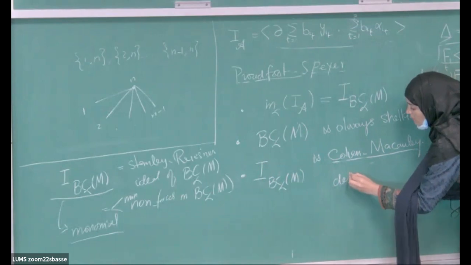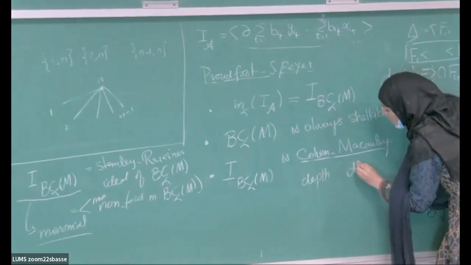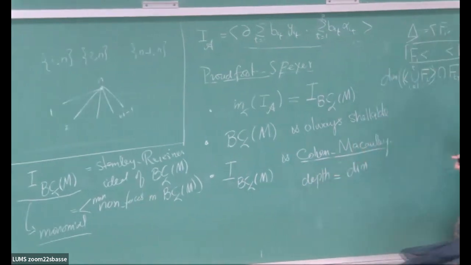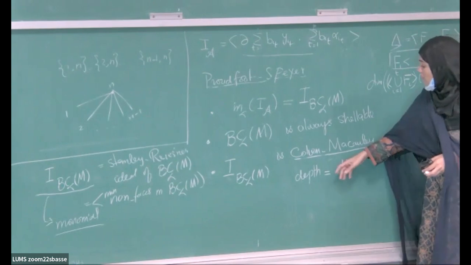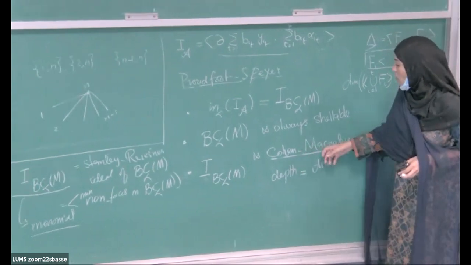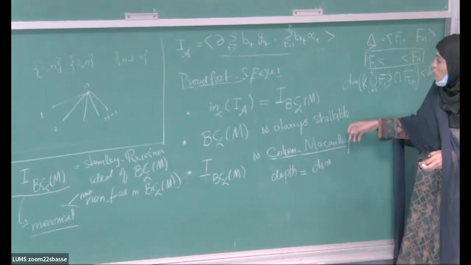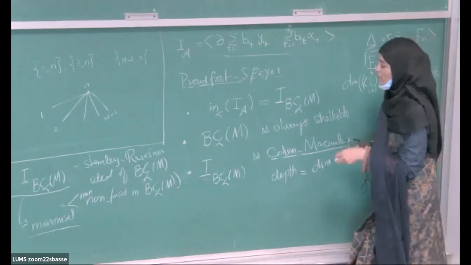You have studied a lot of depth and dimension in this case: how you can calculate the depth for the ideals, and if they are the same, then it is called Cohen-Macaulay.